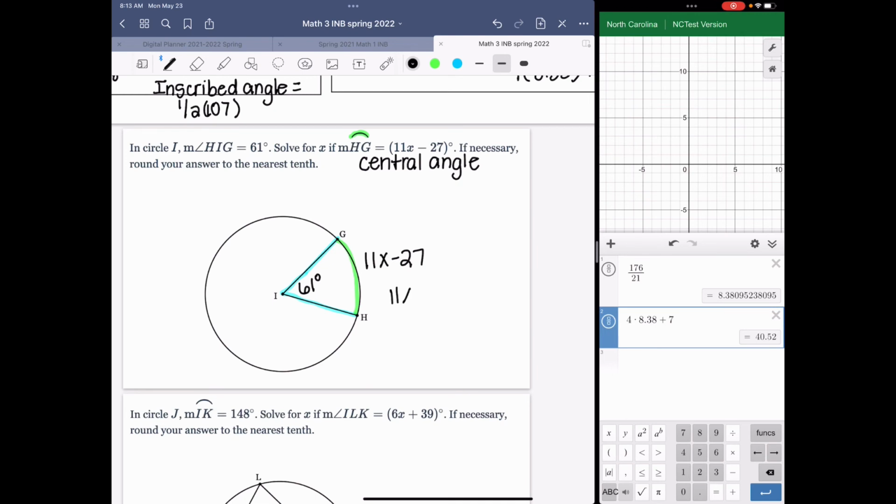So we have 11x minus 27 equals 61. We're going to add 27, and once we add 27, we get 11x is equal to 88. Divide by 11, and x equals 8.